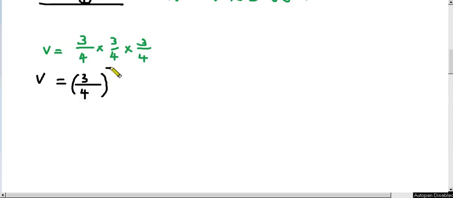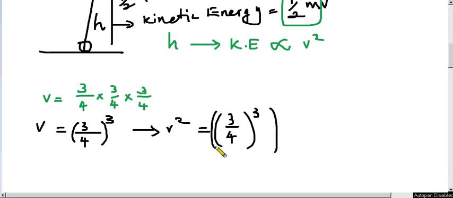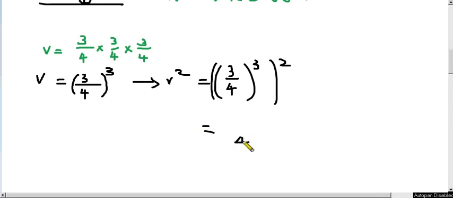The power is 3. 1, 2, 3 times, so 3/4 power 3. So what is the value of v squared? 3/4 power 3, again power 2. Then how to solve? You just multiply these 2 powers, so 3/4 power 6.